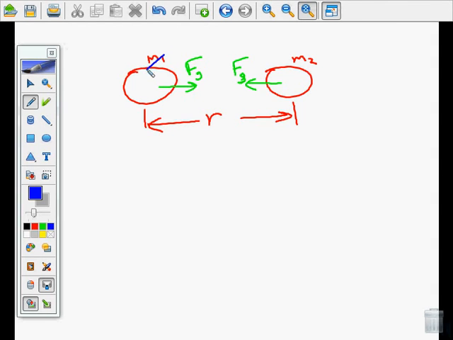If this mass is times 2, this mass is times 2, and the distance is times 2, how would the new force of attraction compare to the original?